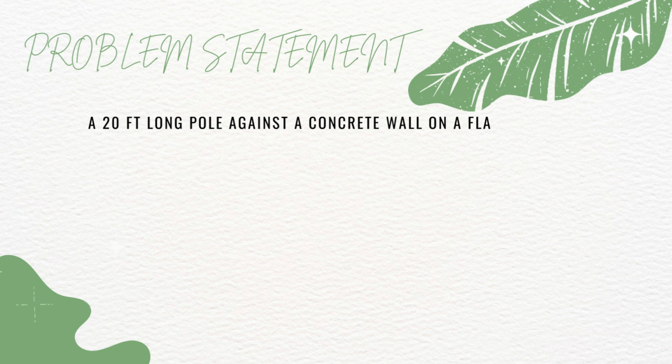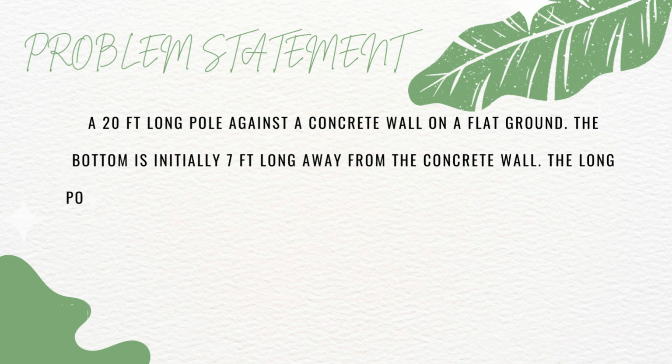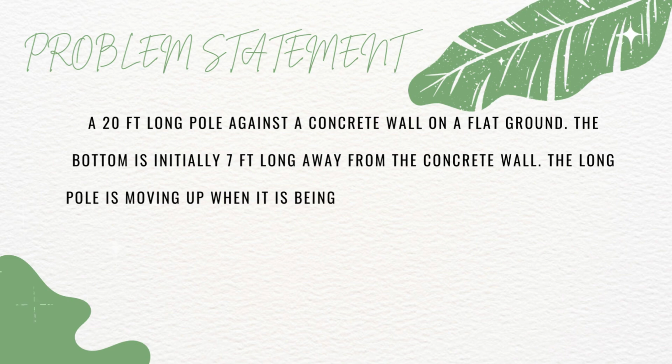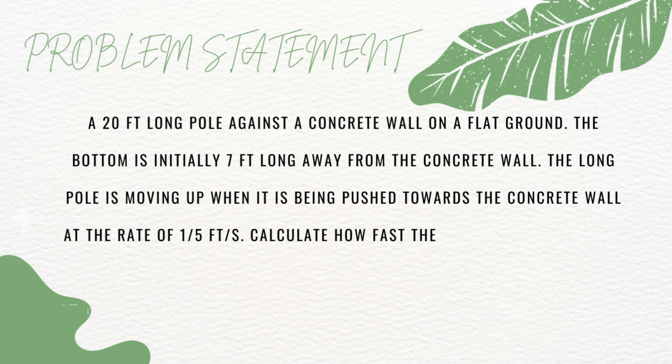Problem statement. A 20 feet long pole rests against a concrete wall on flat ground. The bottom is initially 7 feet away from the concrete wall. The pole moves up as it is being pushed towards the concrete wall at the rate of 1 over 5 feet per second.